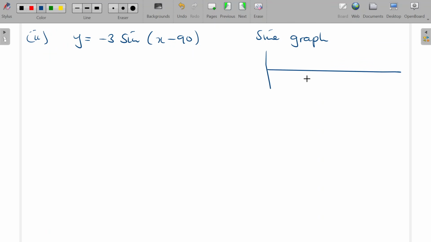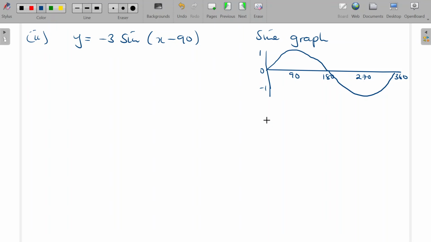The sine graph under normal circumstances is usually 1, negative 1, 0, with 90, 180, 270, 360. It moves from here, touches here, comes here, goes there, reaches there. That is the normal sine graph. There's also one for cos and for tan, but in this case, let's focus on sine.